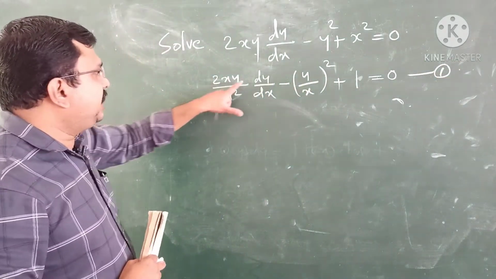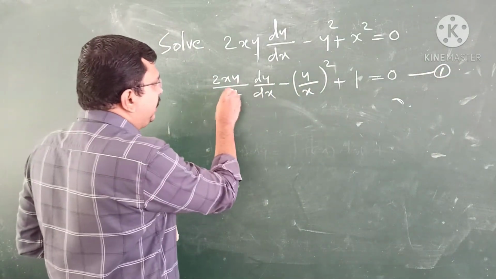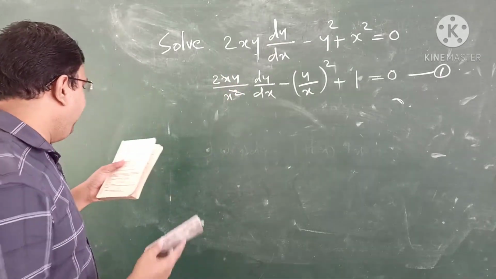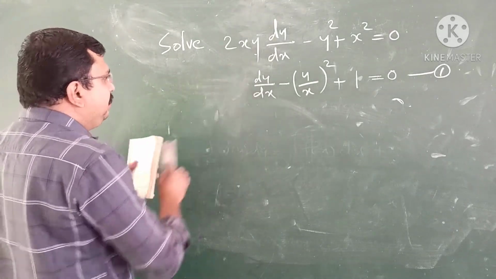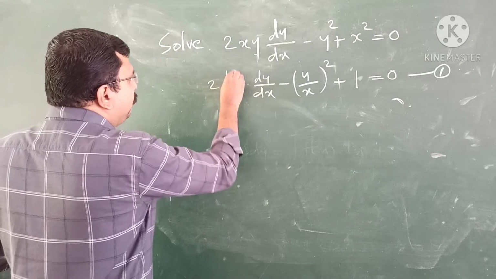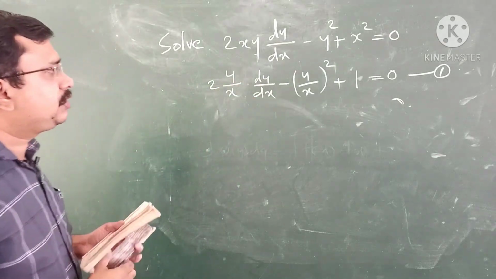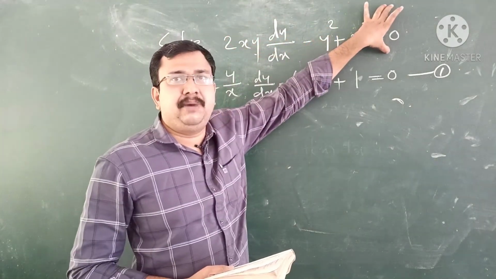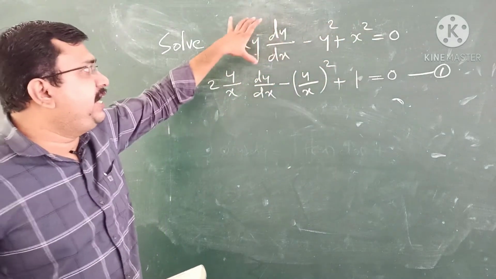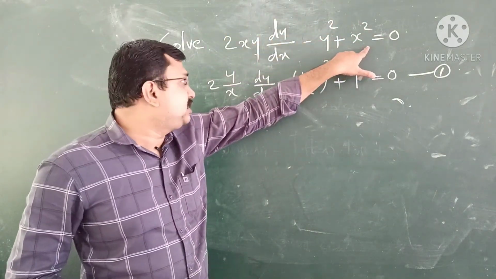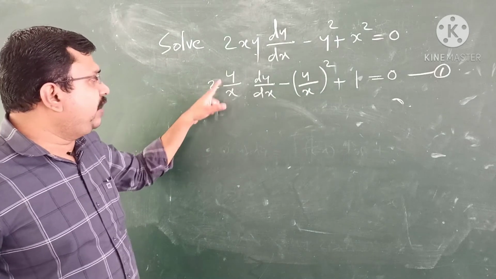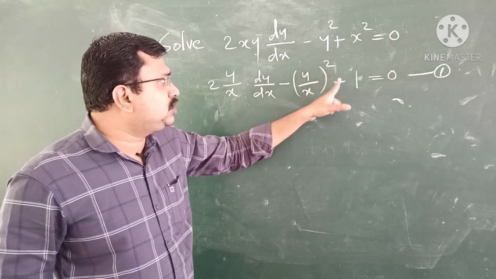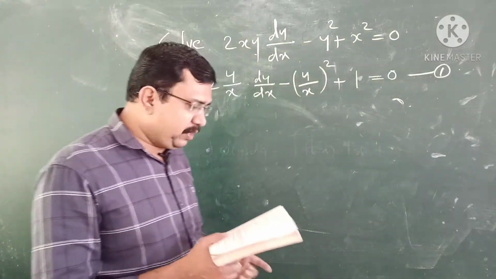Here 2xy divided by x square, x can be cancelled, therefore it will become 2y by x. So we obtain 2 into y by x into dy by dx minus y by x the whole square plus 1 equal to 0.